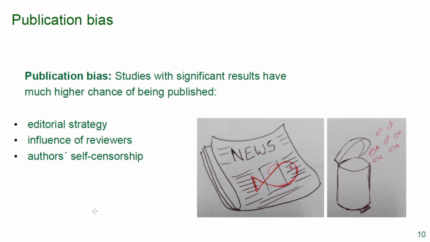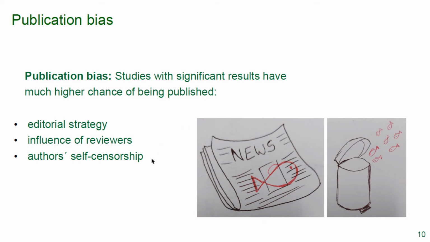They are more likely to accept these results for publication. This is also due to something like authors' self-censorship. When authors lose their interest in their study because they see that the results are not significant, this study ends up in the file drawer, which also contributes to the publication bias. So big fishes appear in the newspapers and small fishes go to the bin.